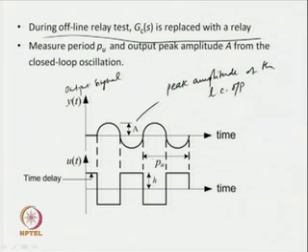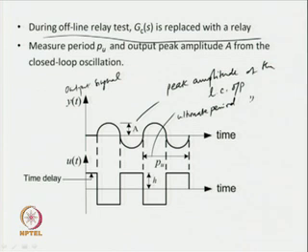Similarly, let Pu be the ultimate period of the limit cycle output. Ultimate period means nothing but the time period of the output signal.